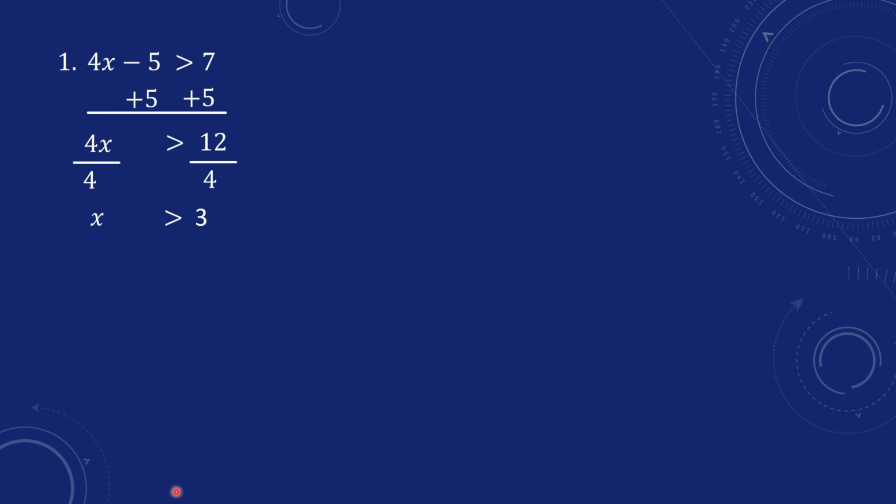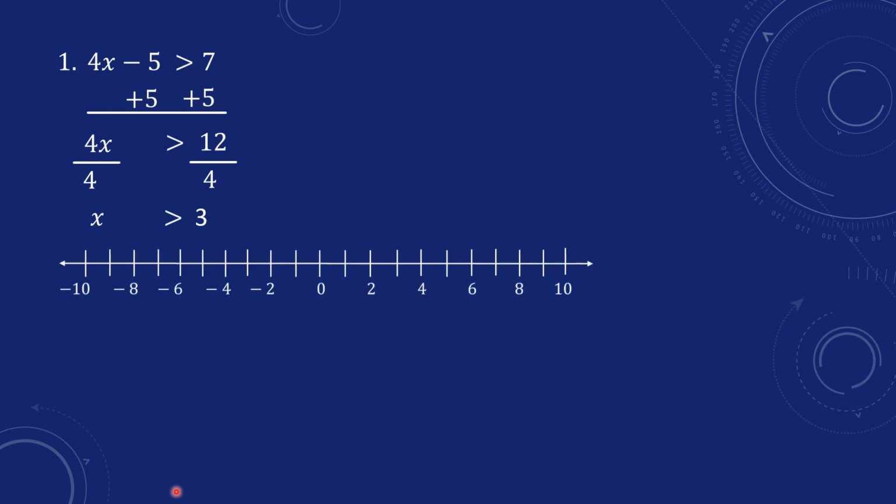Let us graph this on the number line. Draw an open circle at 3 and then shade this part of the number line to the right of 3 going to positive infinity.